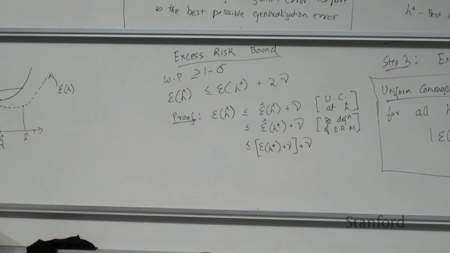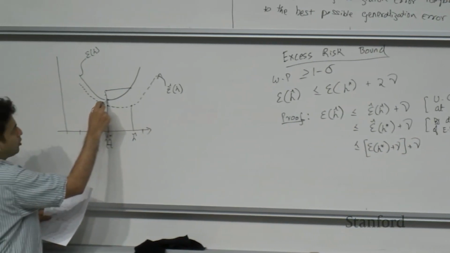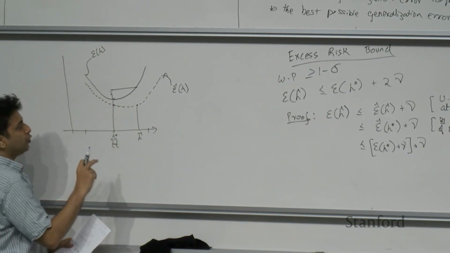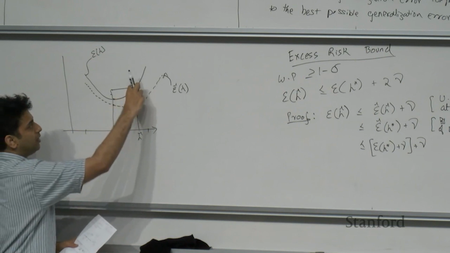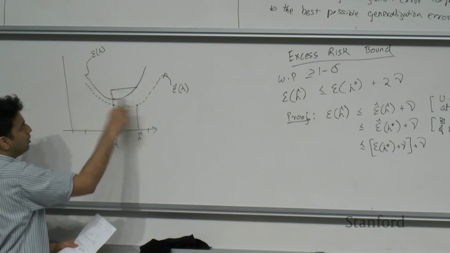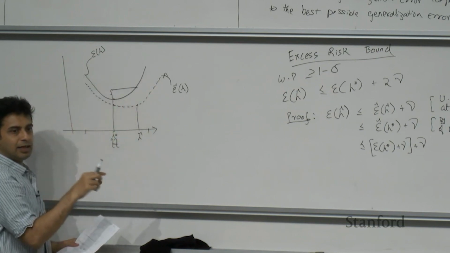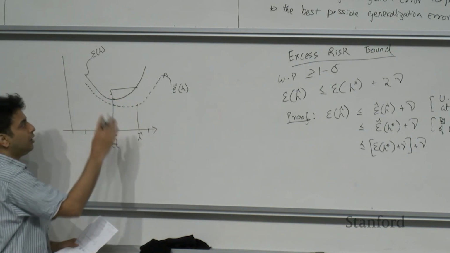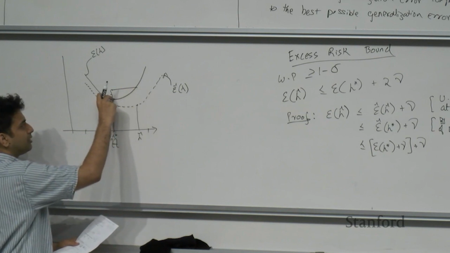Now you're going to again apply uniform convergence for the gap between the true risk and the empirical risk at h star. Uniform convergence tells us that the gap between these two risk functions is going to be less than gamma at any h with some probability. So it's going to be less than gamma over here, and it's going to be less than gamma over here.